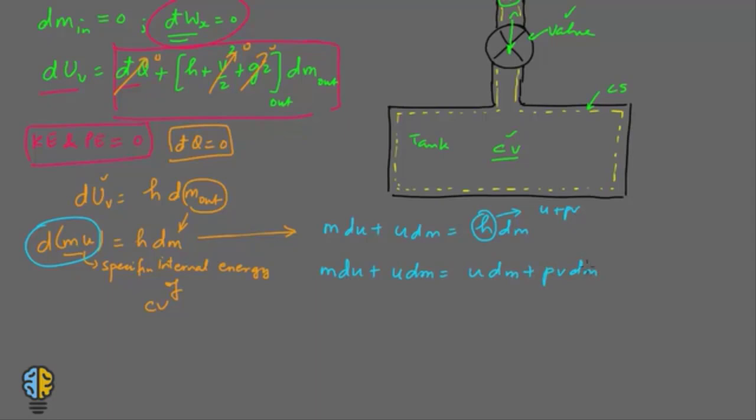So this is what you get. Okay, now you can cancel off u dm and u dm, and you would be left with m du is equal to pv dm. Okay, and this would leave us with dm by m is equal to du by pv. So this is, let us say, equation number 1.